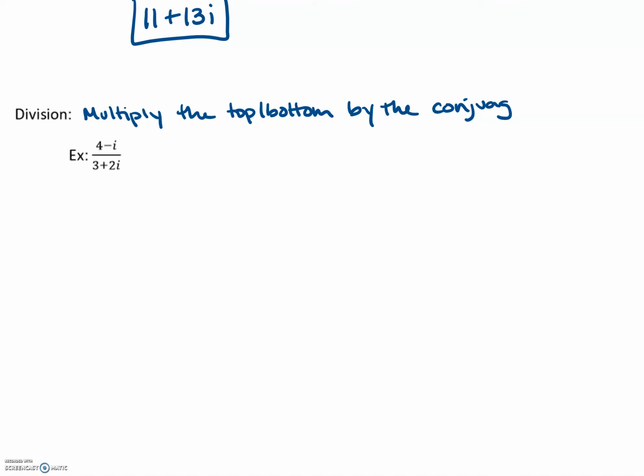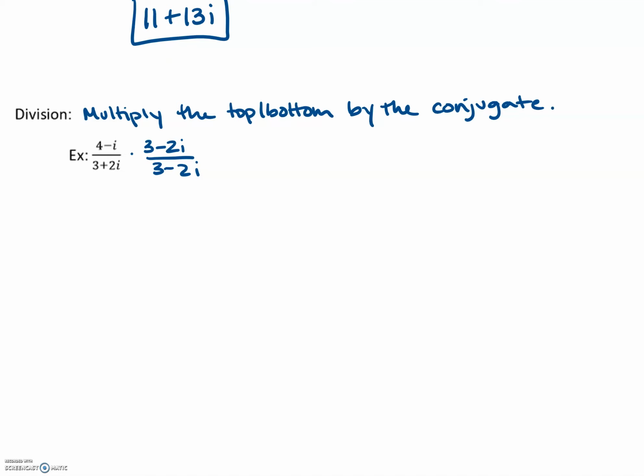And remember, the conjugate is simply the opposite sign of your denominator. So if I take a look at my denominator right here, I have a 3 plus 2i. So all I'm going to do is multiply by the conjugate, so I get 3 minus 2i.